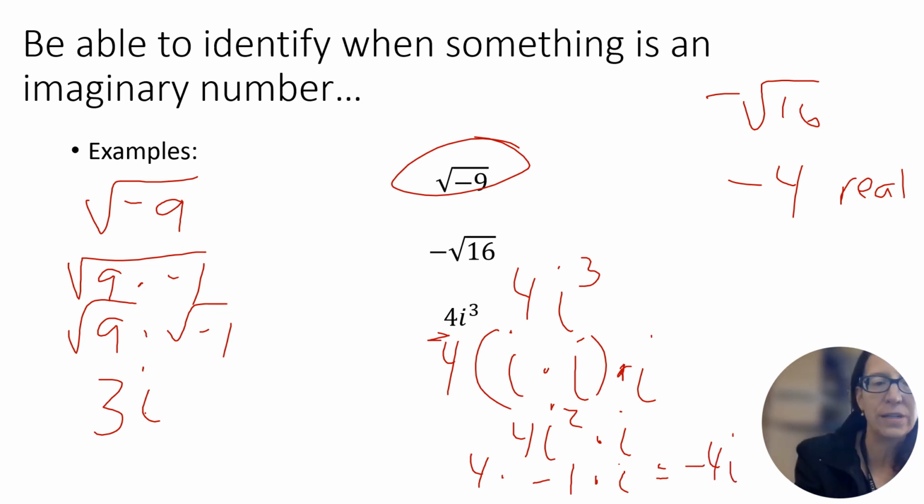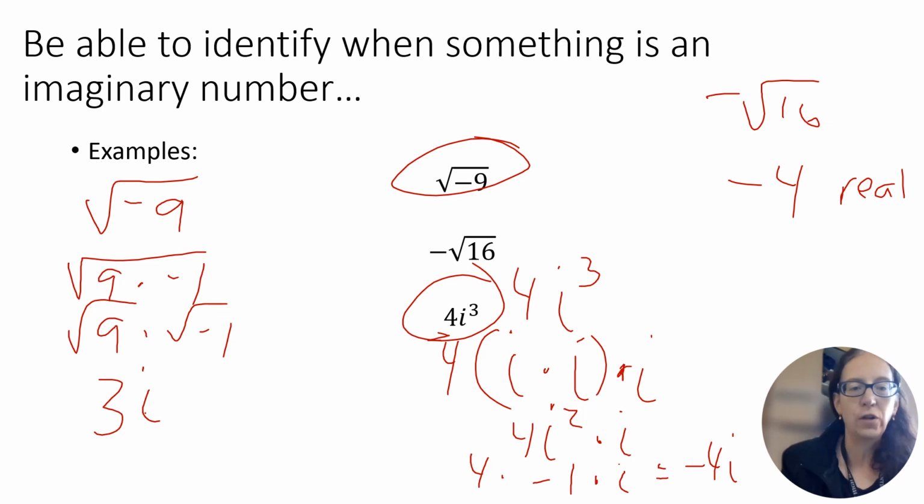And so that one is imaginary, and you would circle it. Now, the intent with this question is not for you to do any work. Hopefully when you're watching this, you'll remember that i to the third power is -i, but it's still got an i in it, unlike, say, i squared, which is -1, which is real.